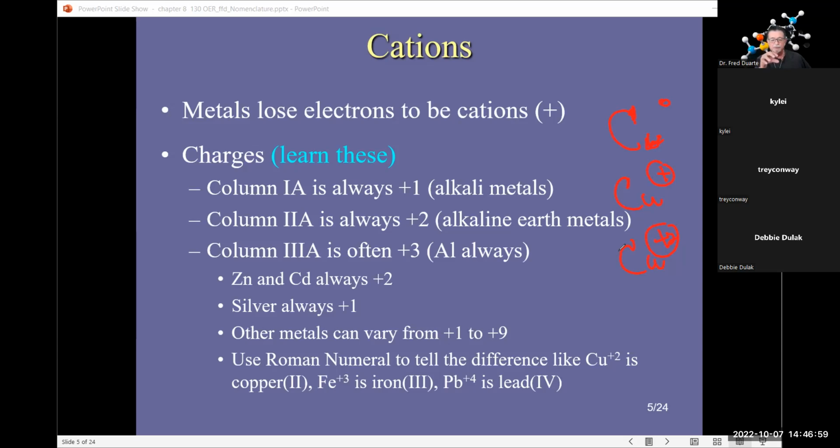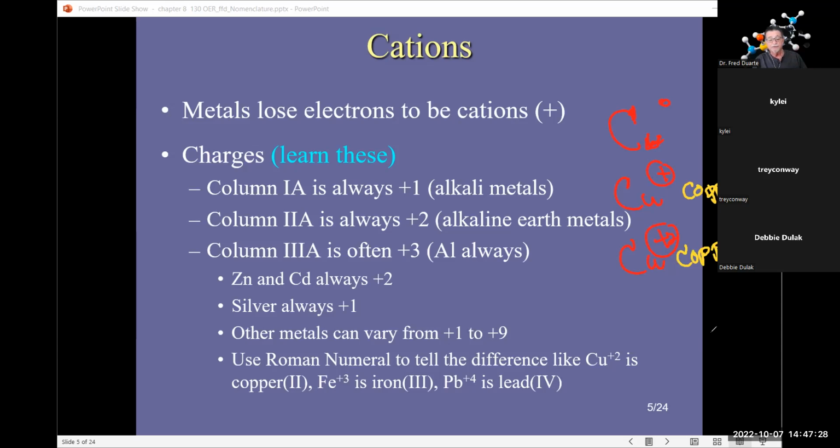So to distinguish those different types of coppers, we use Roman numerals. So for copper, when you see copper +1, you will write this out as copper, Roman numeral 1, in parentheses. And then this one will be copper, Roman numeral 2, in parentheses.